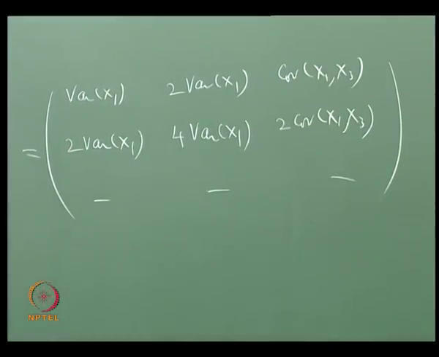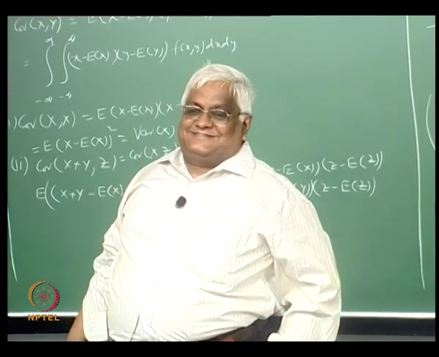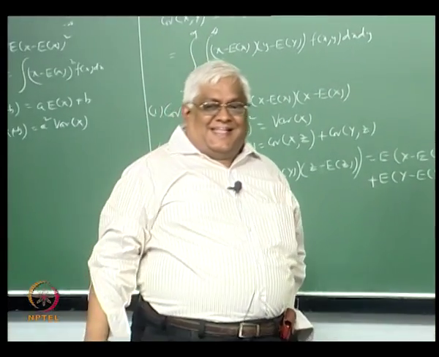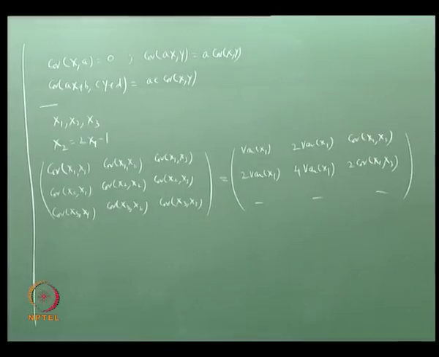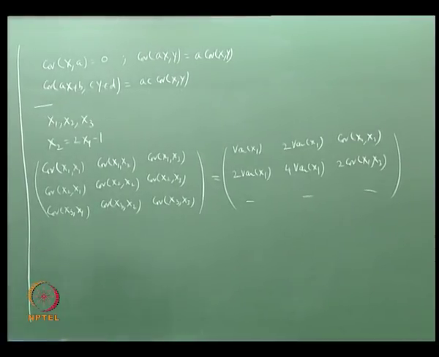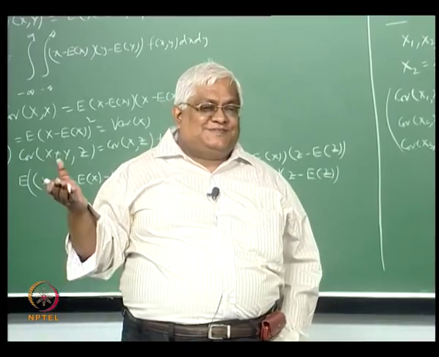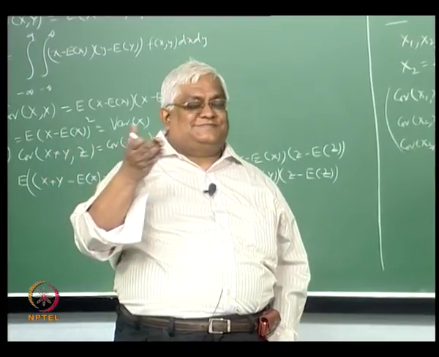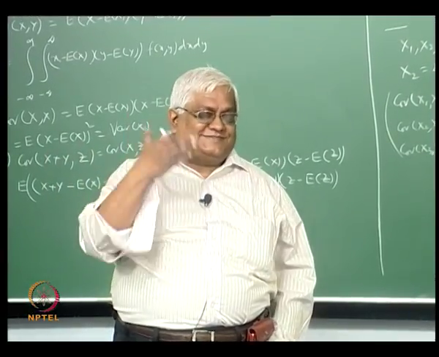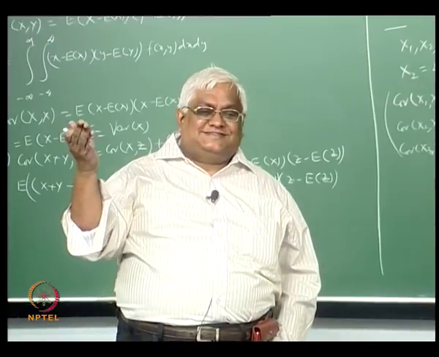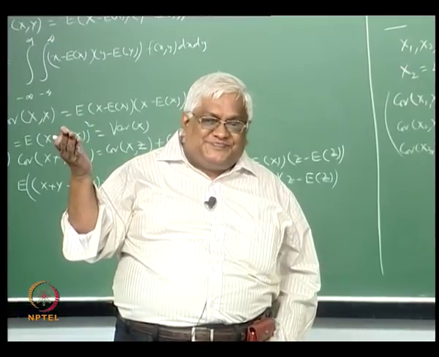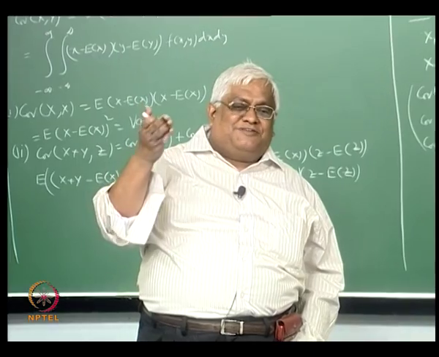Now, what can you say about the first 2 rows? Dependent. So, what will happen to the determinant? 0. The determinant value will be 0.